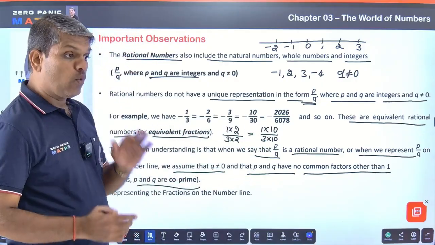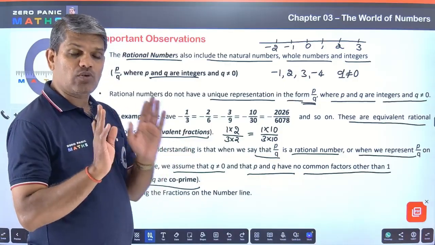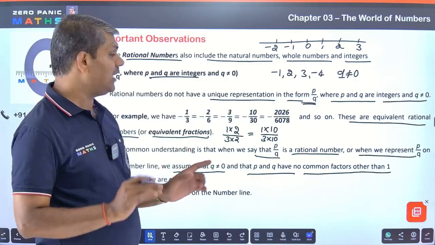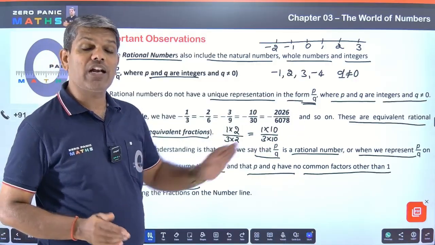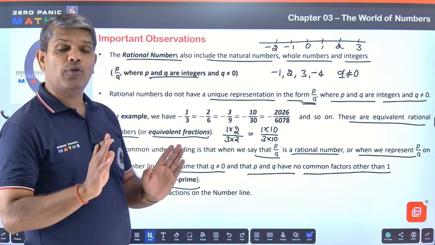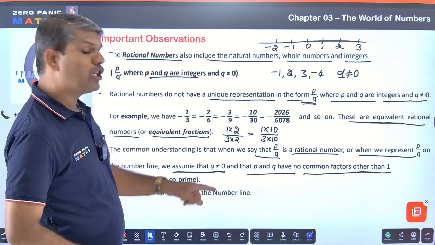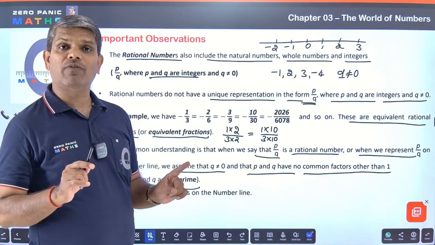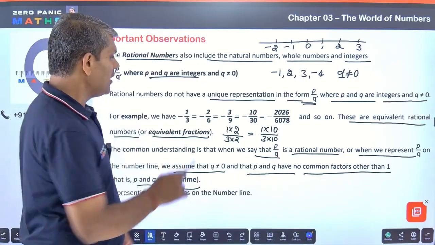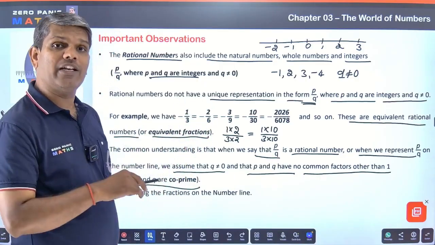It means that when you are representing the fraction onto the number line, you should be careful that p and q should not have any common factors other than 1, because then they will be equivalent numbers only.